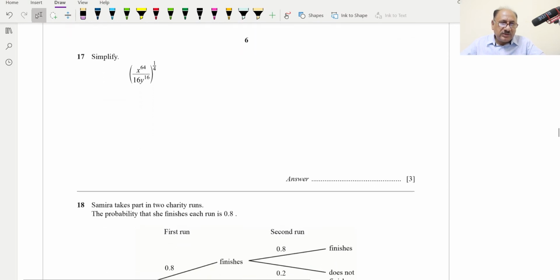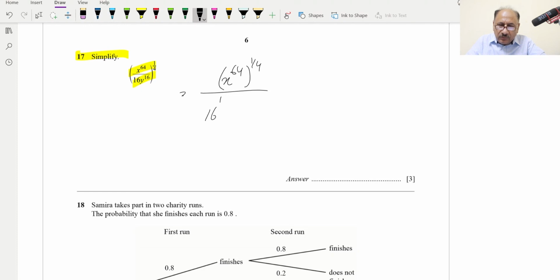Now question number 17. Question number 17 says we have to simplify this indices question. So x raised to power 64 whole raised to power 1 by 4. We have separated the power. So 16 raised to power 1 by 4 and y raised to power 16 whole raised to power 1 by 4. Now we can cancel this 4, and 4 4s are 16, and 4 16s are 64.